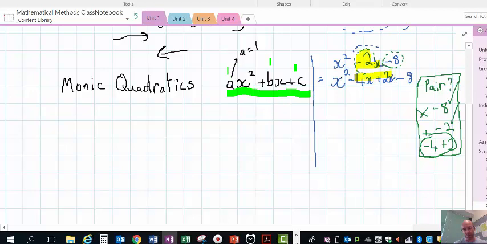It's not like we've changed the expression. We've just changed the way it looks, and we've decomposed the middle term, but the overall expression is the same. By the way, the 2x and the -4x can be written in either order, it's fine, as long as it's broken down.